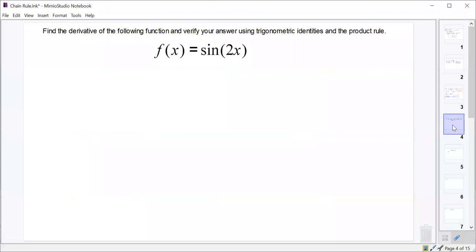All right, let's do another fairly easy one that we can verify using another method. We're going to try and find the derivative of f(x) equals the sine of 2x.